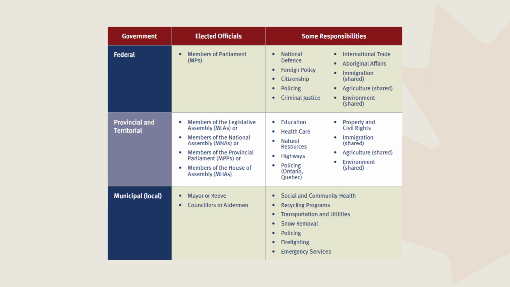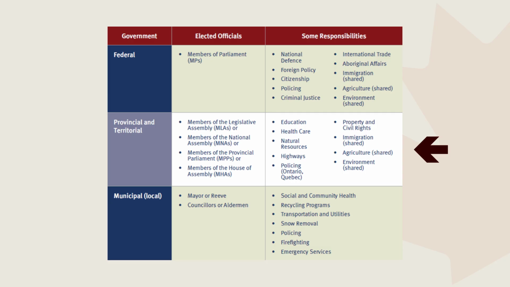Next, we have the provincial government with all the different names for the elected members. Members of provincial parliament or MPPs, members of the Legislative Assembly, MLAs, are the most common. Provinces are responsible for health care, education, natural resources, highways, property and civil rights, and some policing, specifically in Ontario and Quebec.